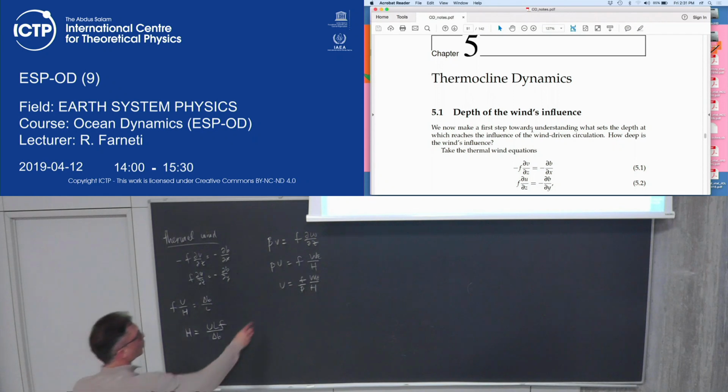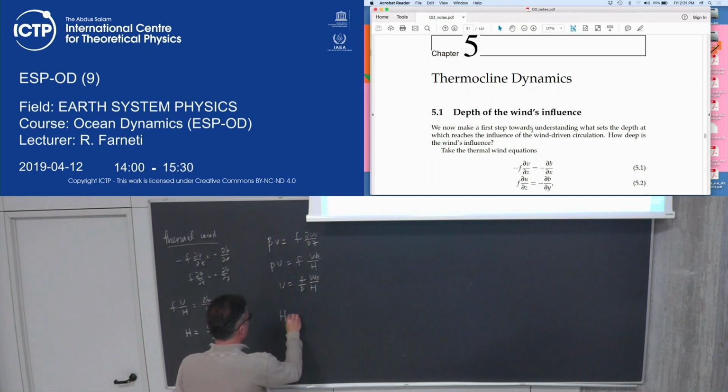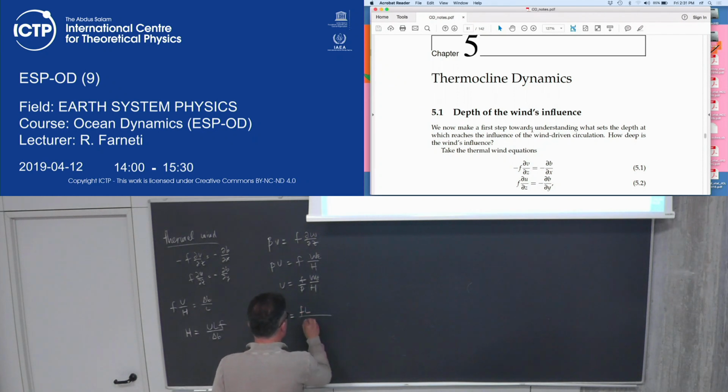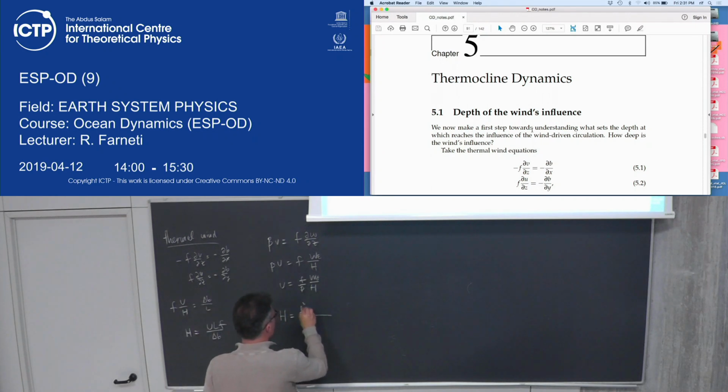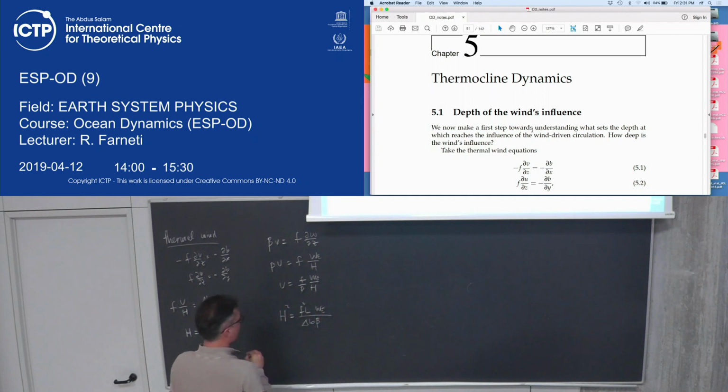Okay, so now you put this U into the H scale, and you get f L over delta B, and then U is f squared over beta, vertical velocity over H, so it's an H squared, and so H is f squared L, Ekman vertical velocity, over delta B beta.